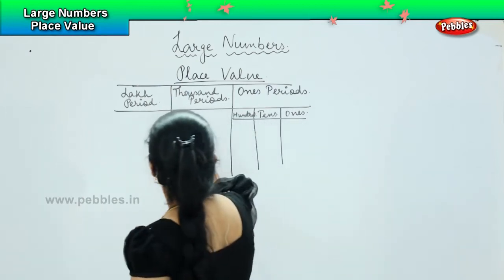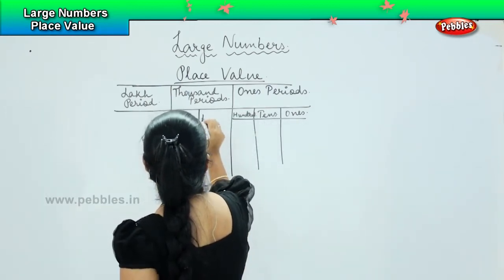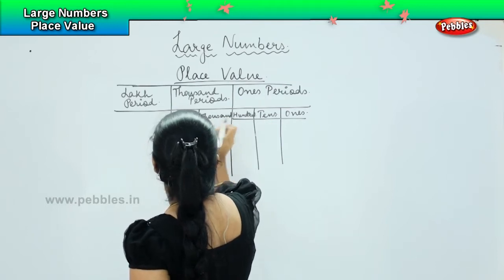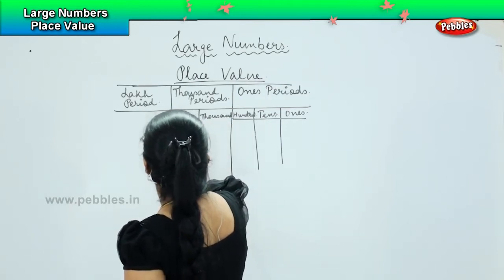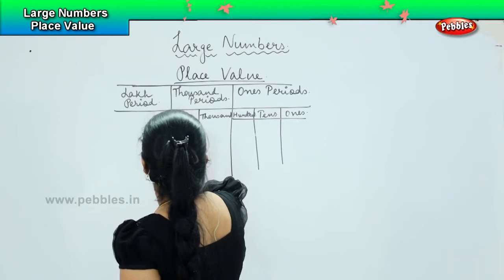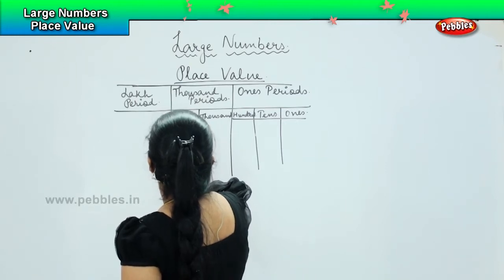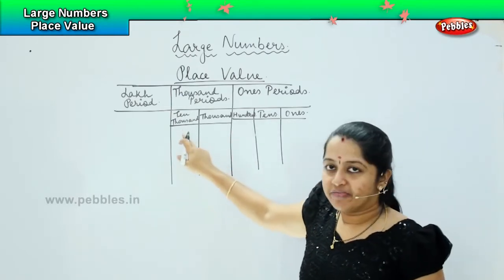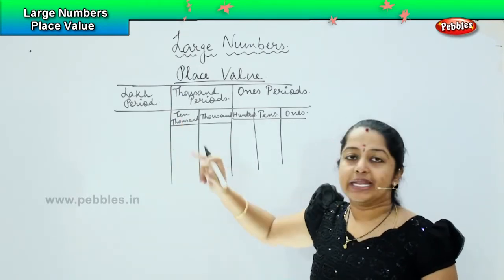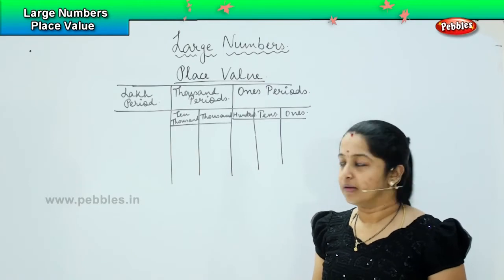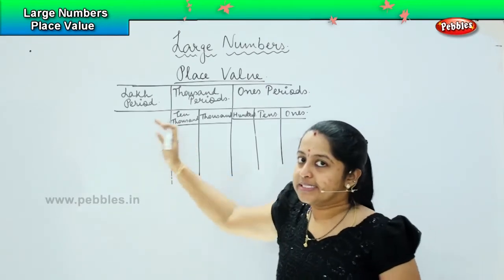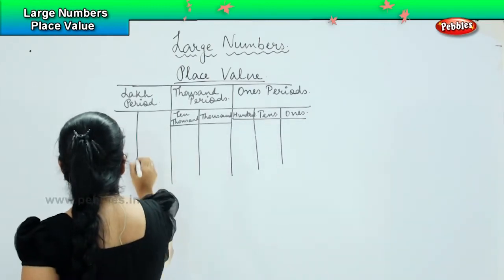Okay. So thousand period basically is divided in two parts, which is 1000 and 10,000. Okay. So when I put 1000 and 10,000, again after 10,000, I will be separating it with a comma again. Okay. So once 10,000 is over, the next thing is lakh.